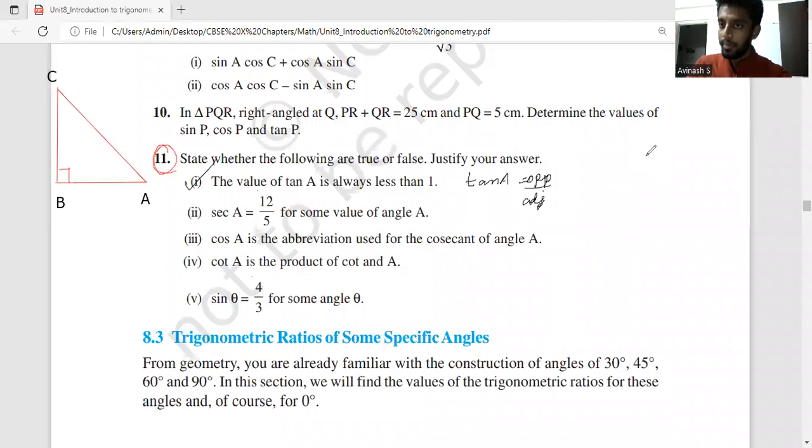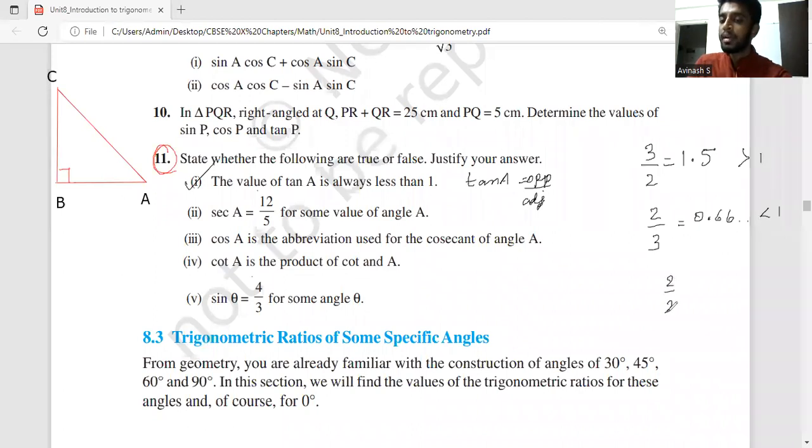As you can see on the board, I'm just taking some random example. If the numerator is greater than the denominator, then the fraction is greater than 1. If the numerator is less than the denominator, then the value will be less than 1. This will be greater than 1 and this will be less than 1.